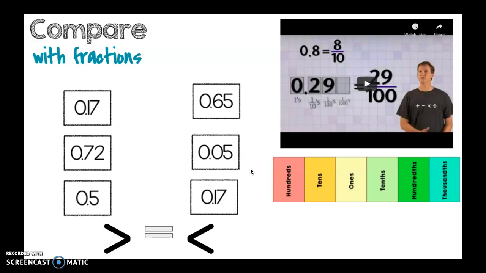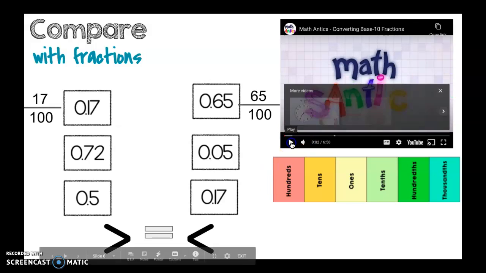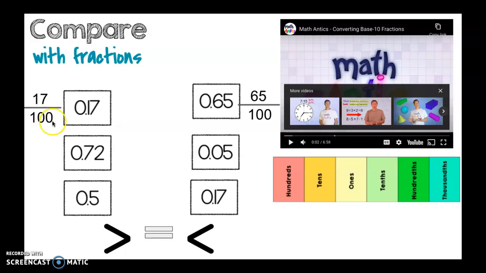Okay, so let's turn 17 hundredths and 65 hundredths into fractions. So we have 17 over 100 because it would be in our hundredth spot, and 65 hundredths.